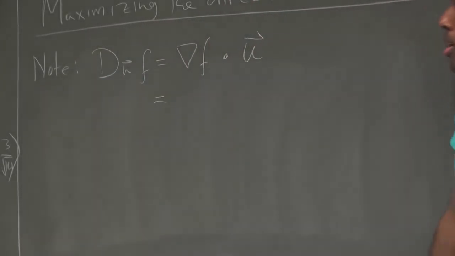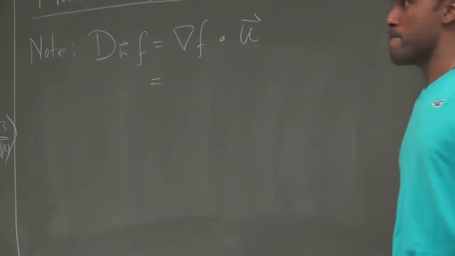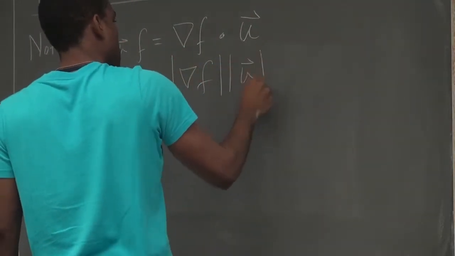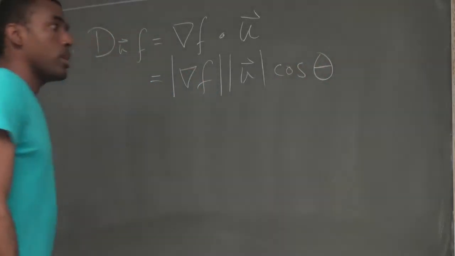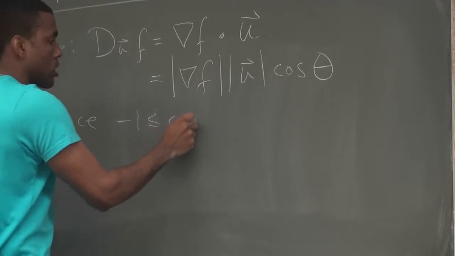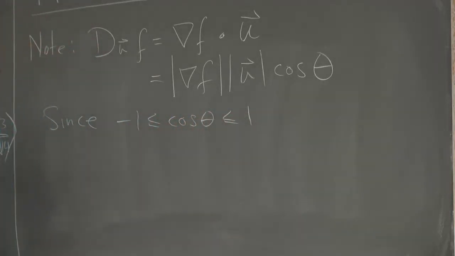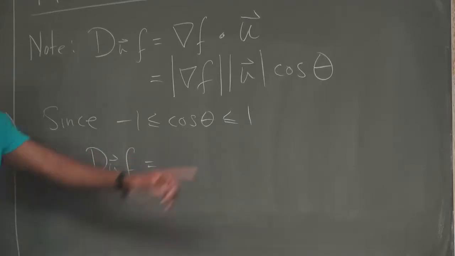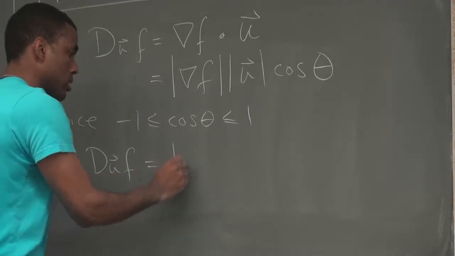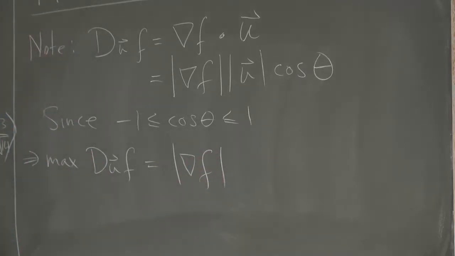Tell me another way to write a dot product. Magnitudes, right? Magnitude of this times the magnitude of that times the cosine of the angle between them. Since cosine theta is between minus 1 and 1, this means that the maximum that the directional derivative can be is when this is 1, right? So that's actually going to be the magnitude of the gradient vector.